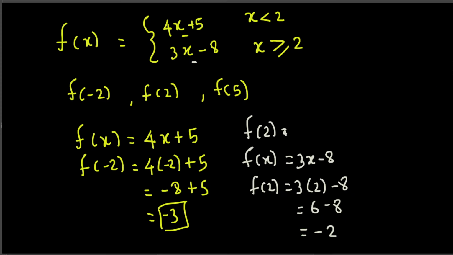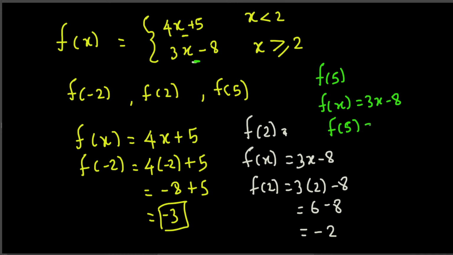Okay, now let's look at another problem. The next one we have to find is f of 5. Again, is 5 less than 2? No, so we don't use this equation. Is 5 greater than or equal to 2? Yes, so it comes under this equation. So we use f of x is equal to 3x minus 8, and we substitute 5 for x.